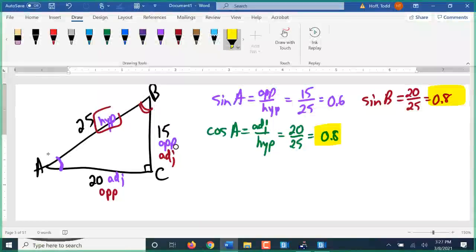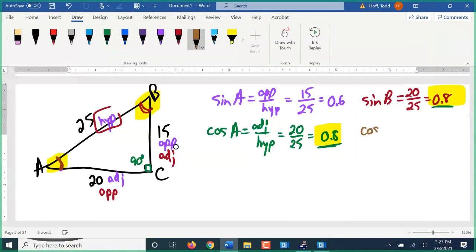The relationship between angle A and angle B: because this is a right triangle, this is obviously 90 degrees, and a triangle adds up to how many degrees? 180. So if one angle is 90, how much is left? 90. Those two angles have to be complements. So the cosine of one is just going to be the sine of the other.